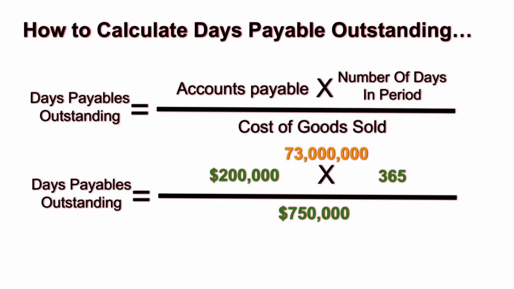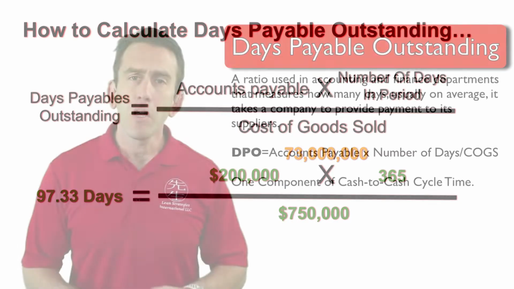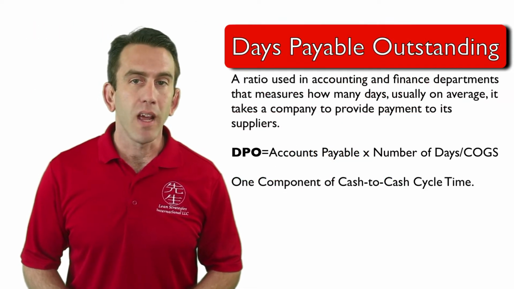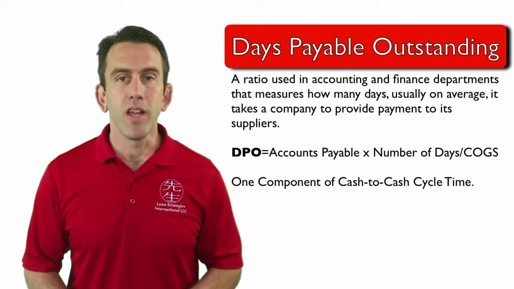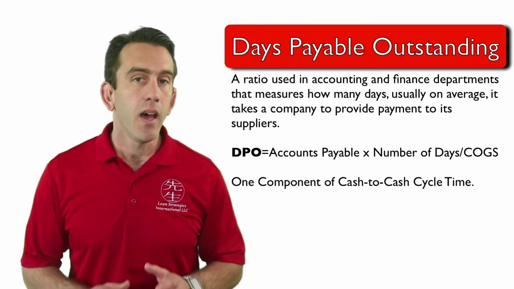We would then divide our answer by our cost of sales, which was $750,000, and that would give us a DPO of 97.33 days.